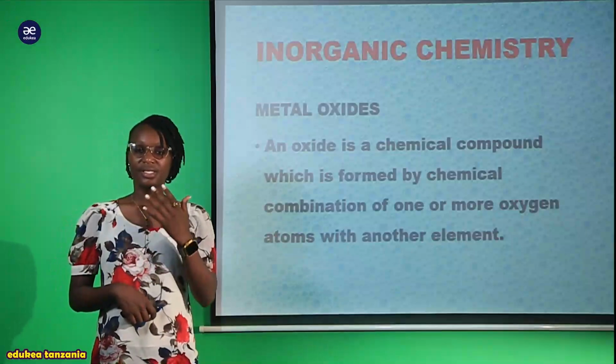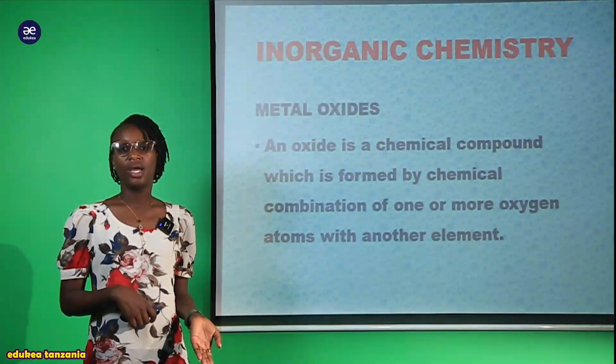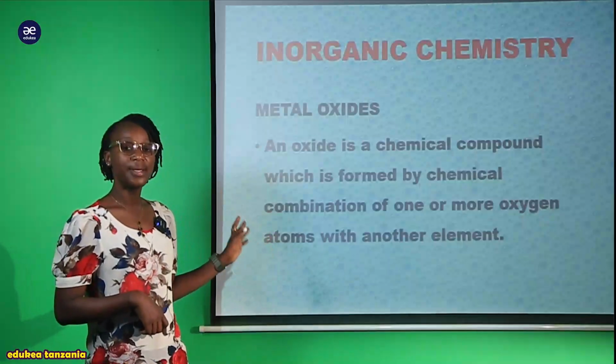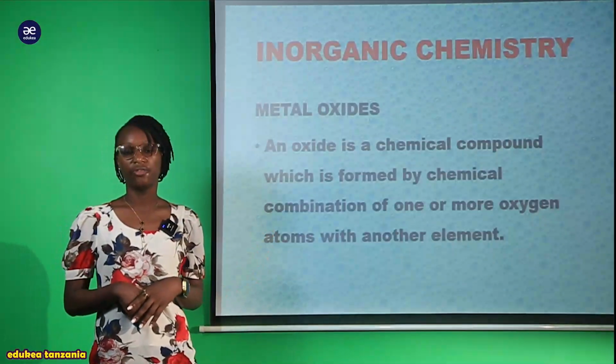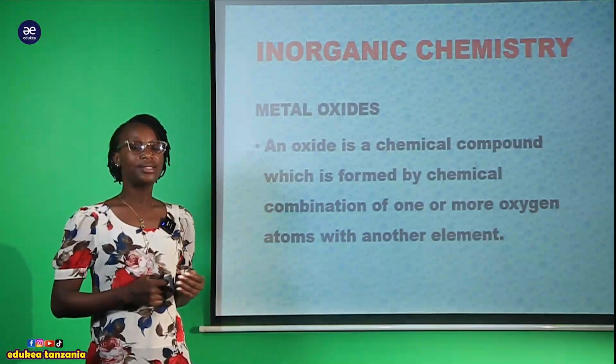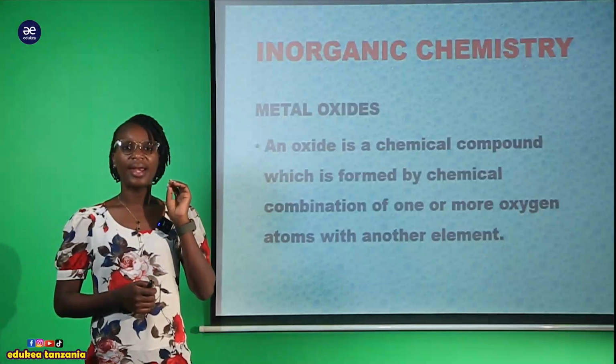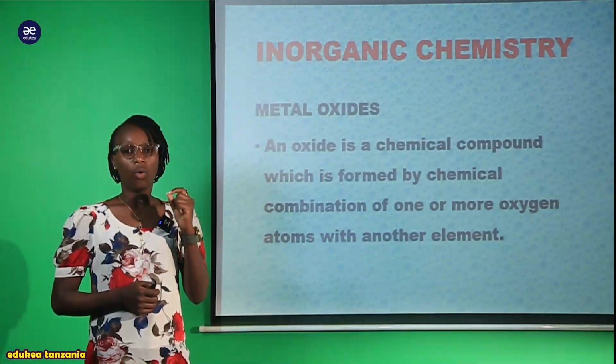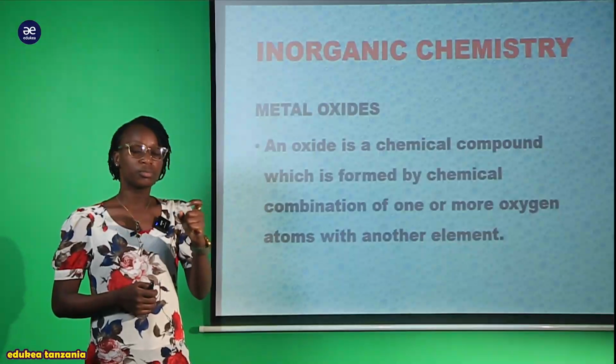So my students, sometimes we can be asked, describe the metal oxide. So this is the simple meaning, simple definition of the metal oxide. And sometimes you can use your own understanding word. Unaweza kutumia maneno yako mwenyewe ambayo umeelewa. For instance, tunazungumzia metal oxide.